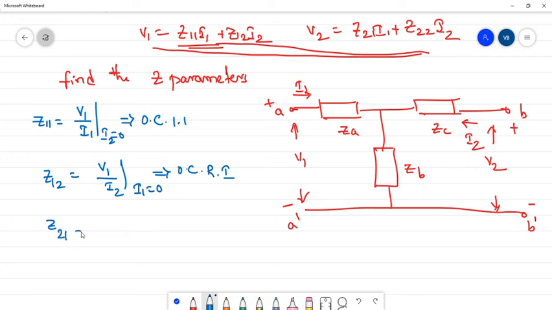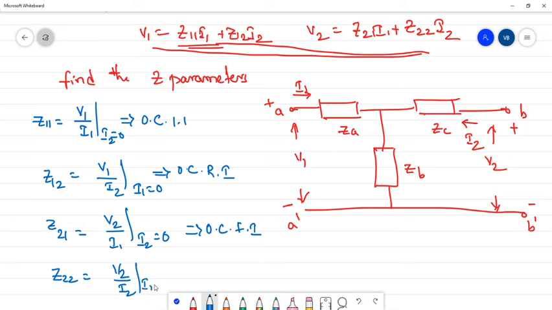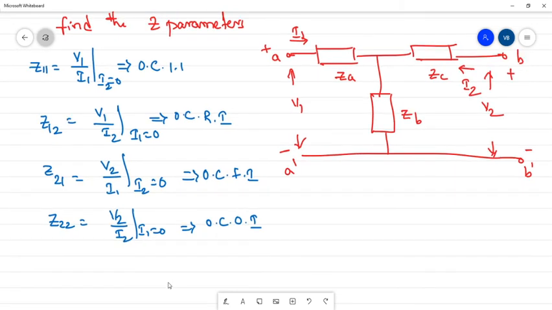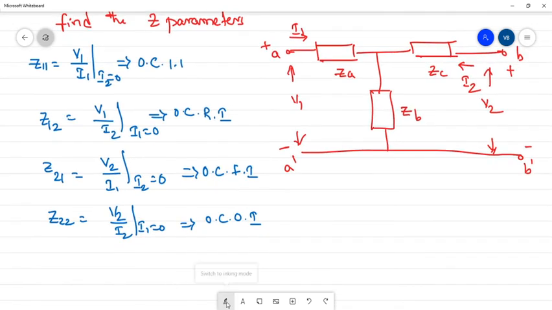Z21 is V2 by I1 at I2 equal to 0. This is the open circuit forward impedance. Z22 is V2 by I2 at I1 equal to 0. This is the open circuit output impedance. So these are the formulae we know. We need to calculate the Z parameters for this particular circuit.